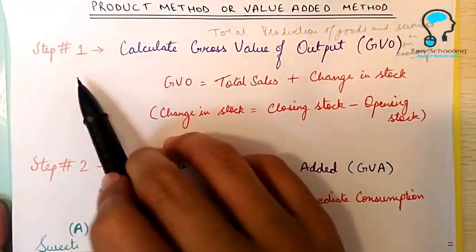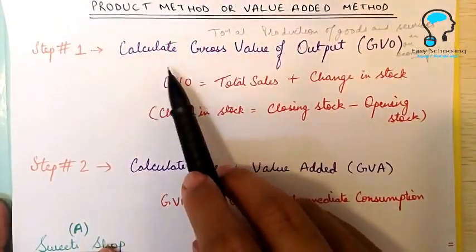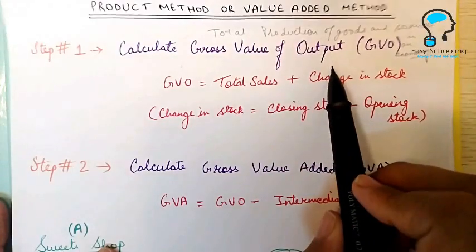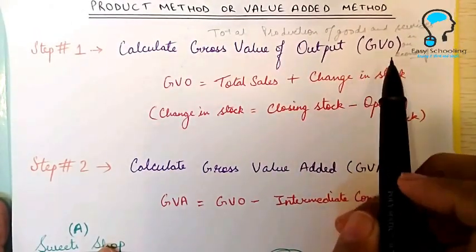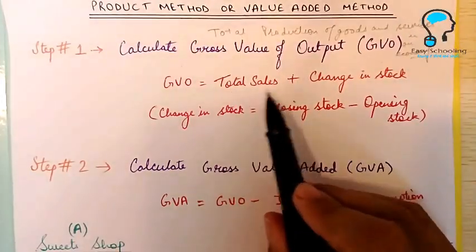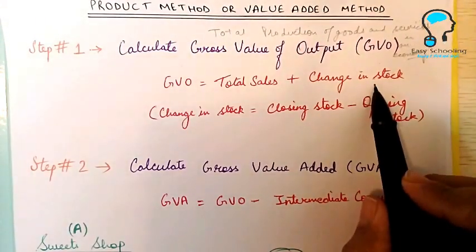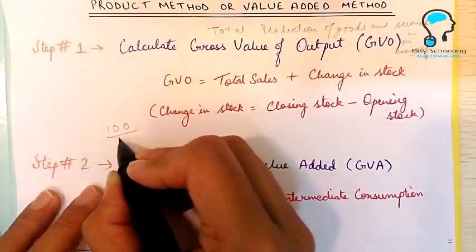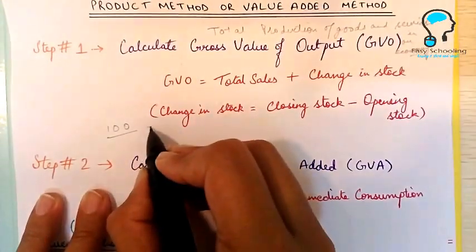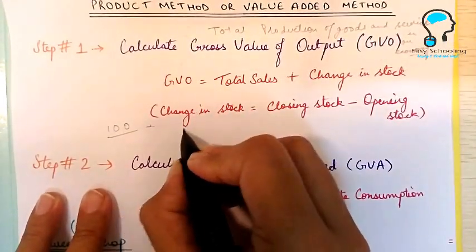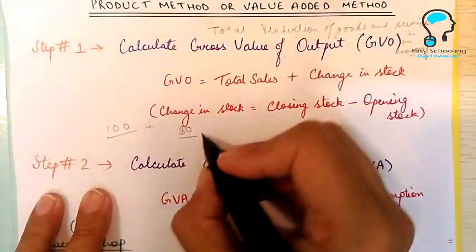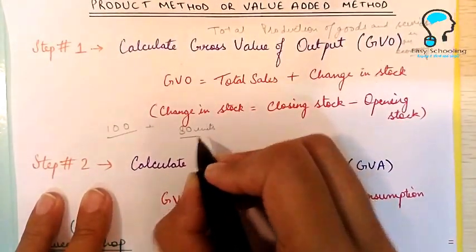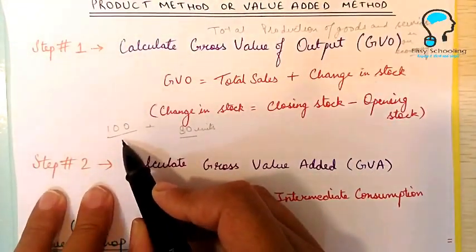So what is the first step? First step is to calculate gross value of output, which is called GVO, by adding the total sales and change in stock. Why change in stock? Suppose the total production of the firm was 100, and the firm was able to sell 80 units out of it. So there is some unsold stock also with the firm.